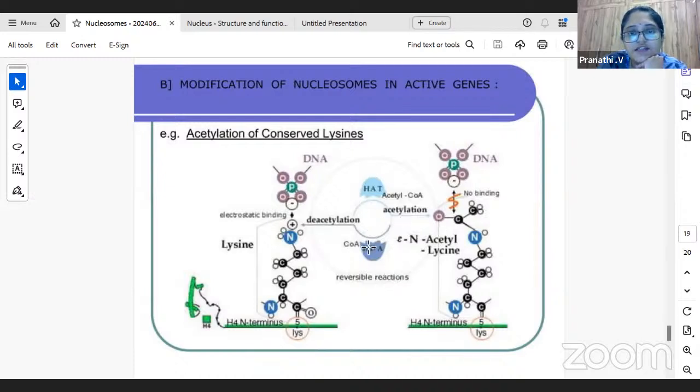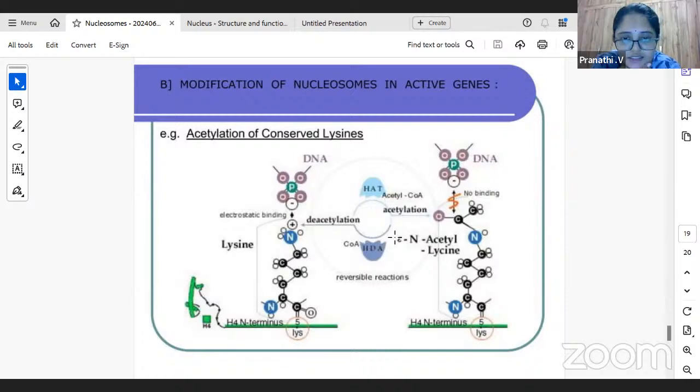So whenever there is acetylation of lysine taking place, this binding of phosphate is not taking place. Instead, the amino end has the acetyl group attached. So you get the epsilon N acetyl lysine being formed.